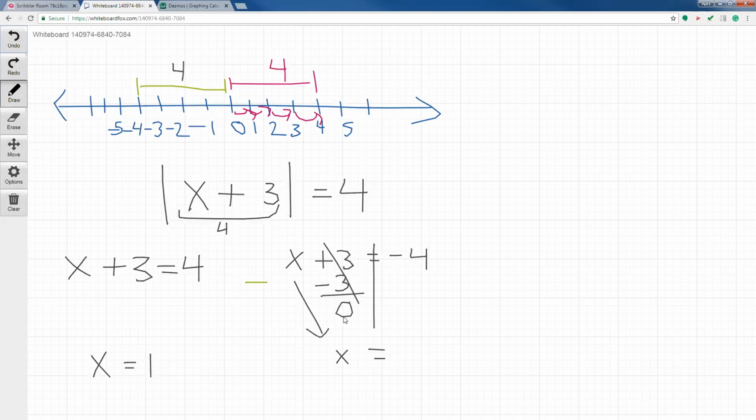The number on the other side has to also be minused by 3. With an equation, what you do to one side, you have to do to the other side. So from that, -4 minus 3 is a -7, just like Mark had figured logically.